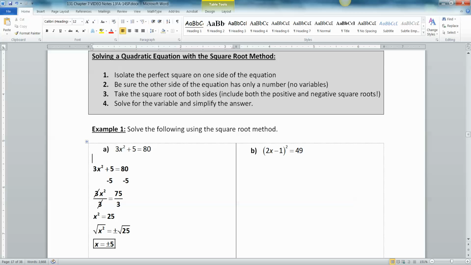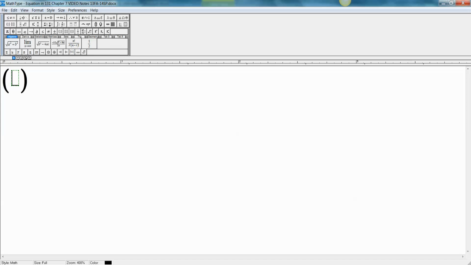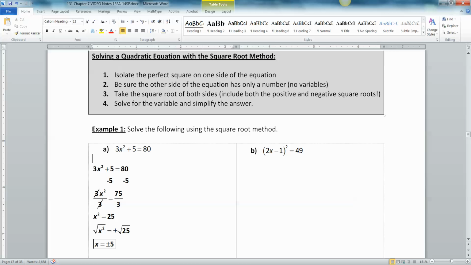Okay, so that seems pretty simple enough. Let's use it for the one on the right. Okay, so let's see, 2x minus 1 squared equals 49. Now the thing to remember is in that first step, it says to isolate the perfect square. Well, in these first two problems we did, the perfect square was x squared, no trouble.